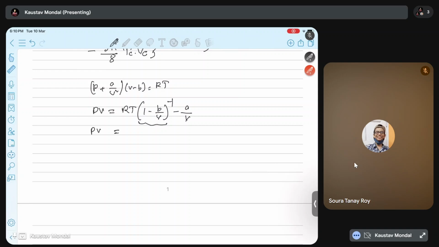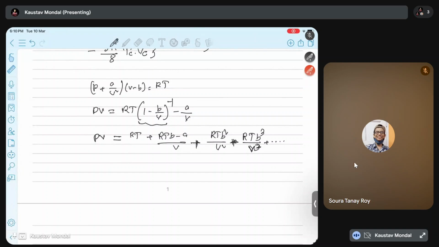So you can write RT b by V plus RT b square by V square. There are also higher order terms, but when you approximate the behavior of this real gas, you can neglect the higher order terms. You can take up to the second order or maximum up to the third order.